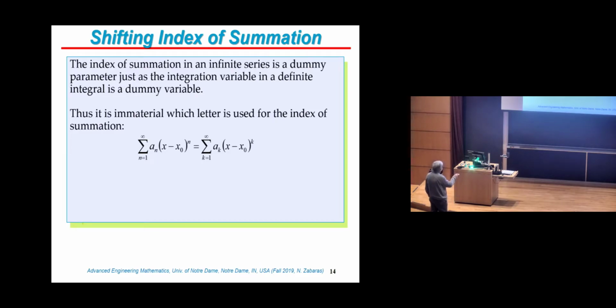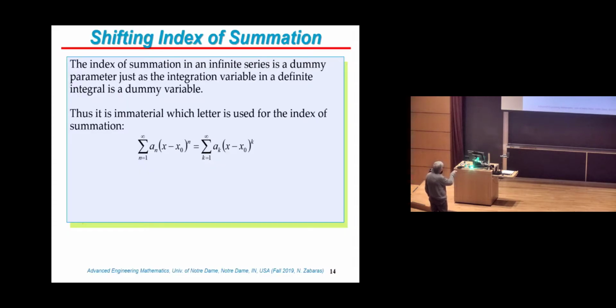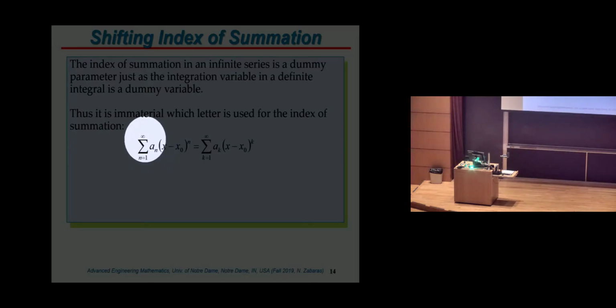If these a coefficients are the same on the left and the right, are the two expansions the same? What's the difference on the left and the right? Is there any difference in the expansion on the left and the right? None. This index n is what we call a free index, right?